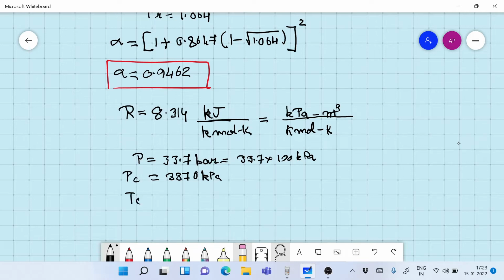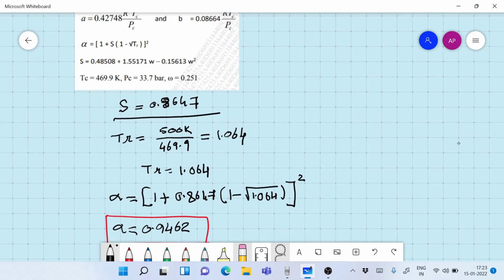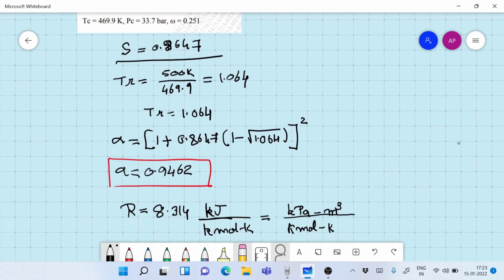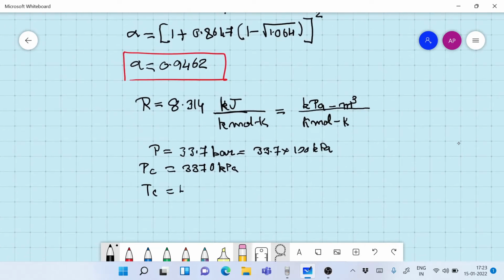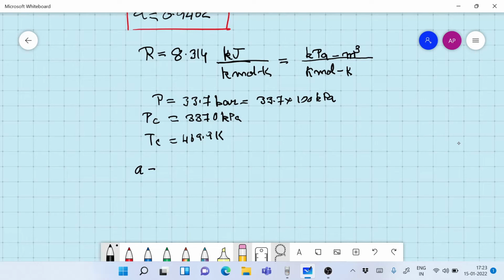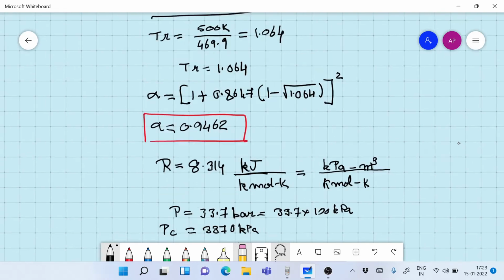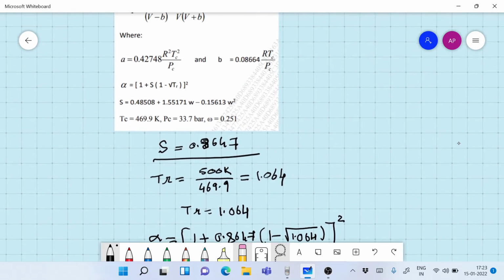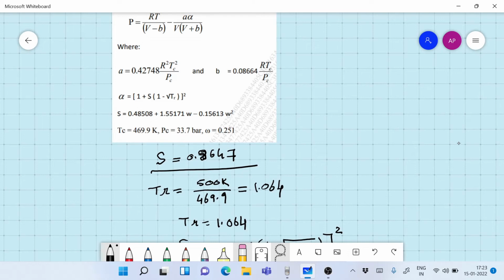Now our critical temperature is equal to, let's make a note of it once again, 469.9 Kelvin. Now let's proceed with calculating A, which is given as 0.42748 R squared TC squared by PC.